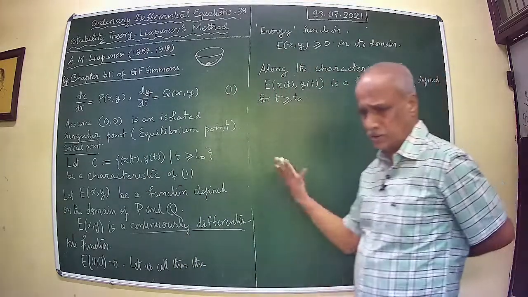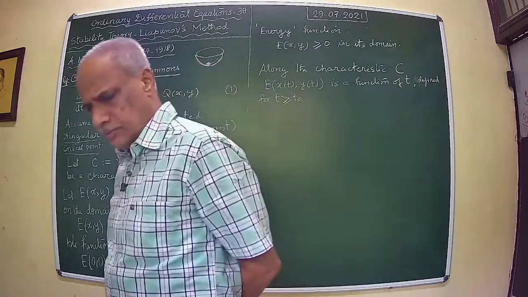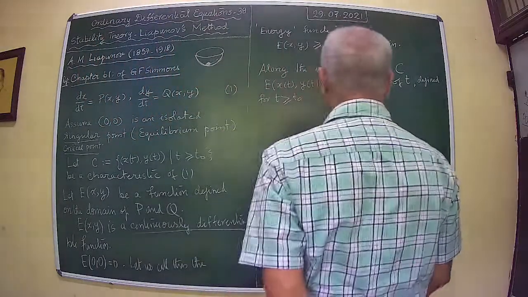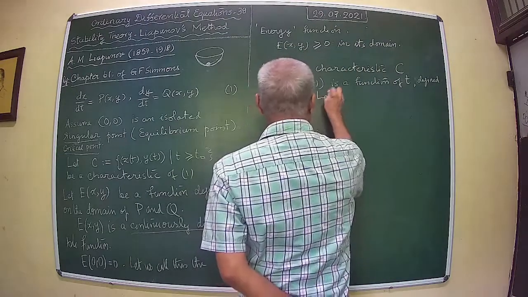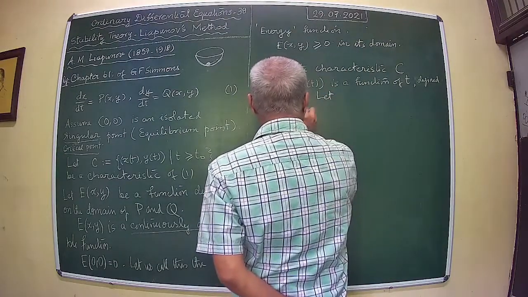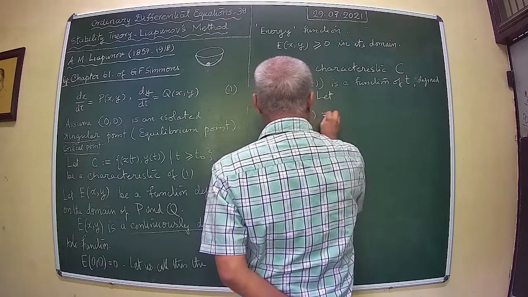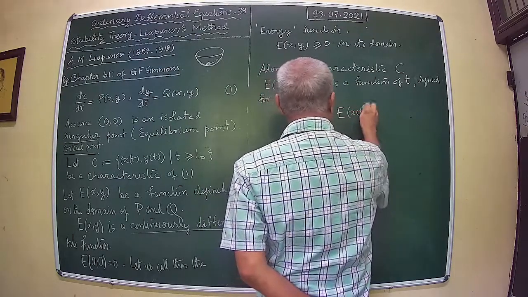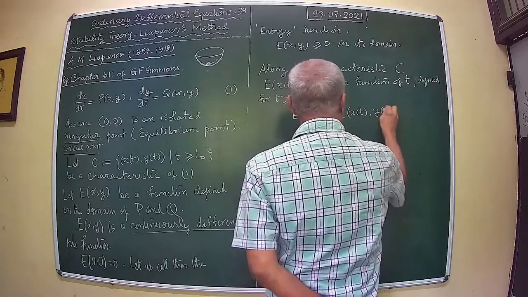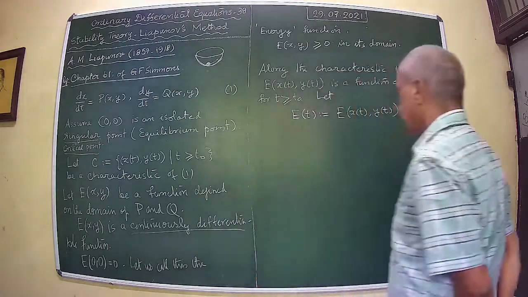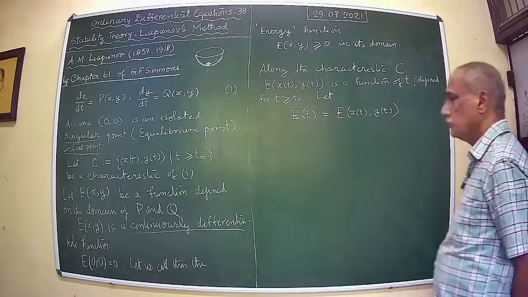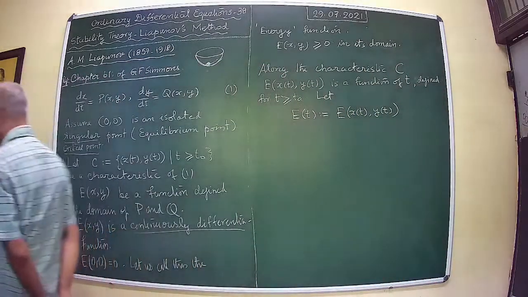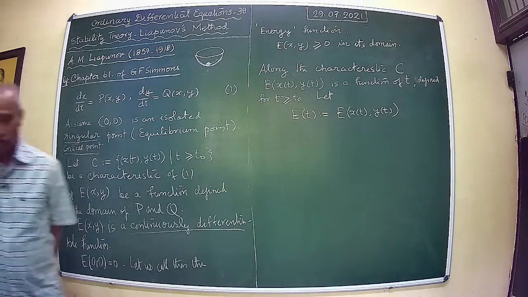Now we are not very specific about it at this moment. So we call this E(t) equal to E of x(t), y(t). Okay, right.